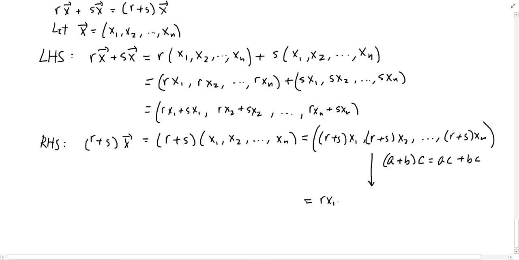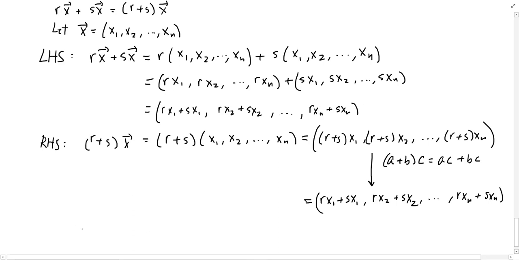So therefore, in this scenario, I can say this right here is nothing other than Rx1 plus Sx1. And this thing right here is nothing but Rx2 plus Sx2. And then dot dot dot to this thing right here, which is nothing but Rxn plus Sxn. And voila, if you look at this, that looks exactly the same as this. So now I can form my conclusion.